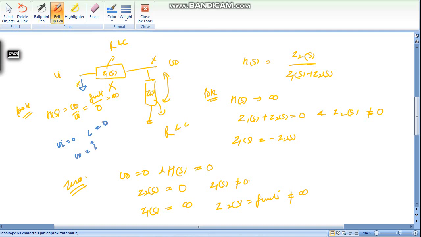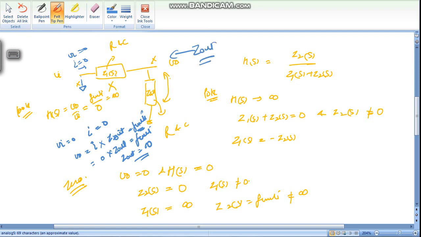Vi equals I into Z out, whatever the output impedance is. The output is finite and the current is 0, so Z out should equal infinity.